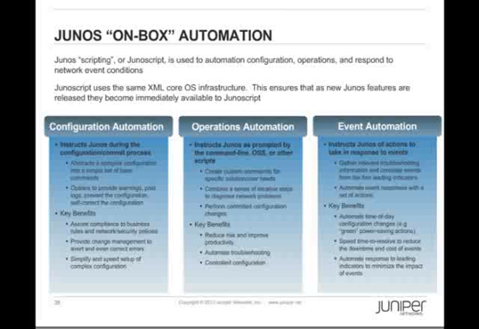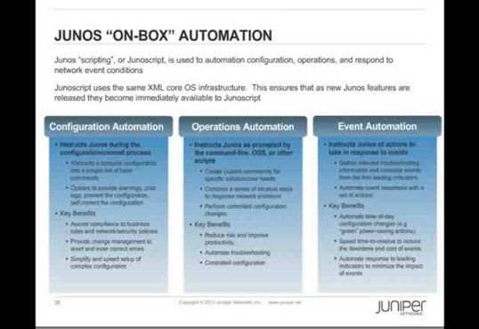Operations automation, think of that as aliases. Let's say you're showing the output of certain commands, and it's just not enough. You'd like to roll together multiple outputs that just aren't there. You can do that with operations. You can actually create custom output with operations automation.